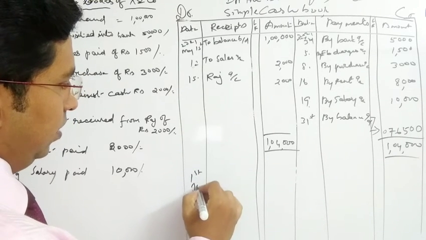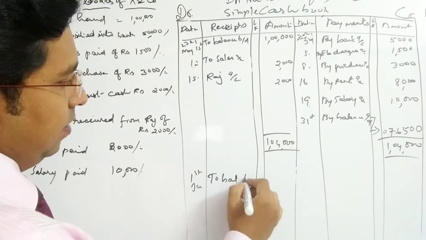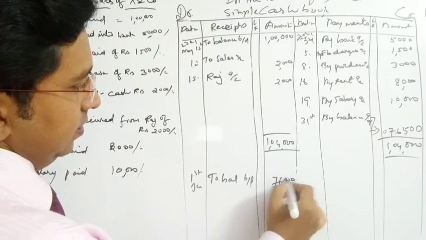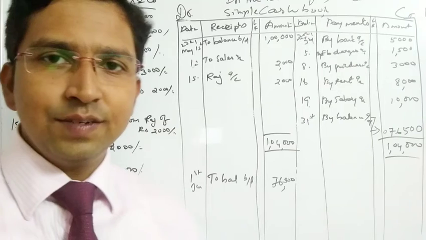On 1st of June, it is the opening balance: to balance brought down, 76,500.